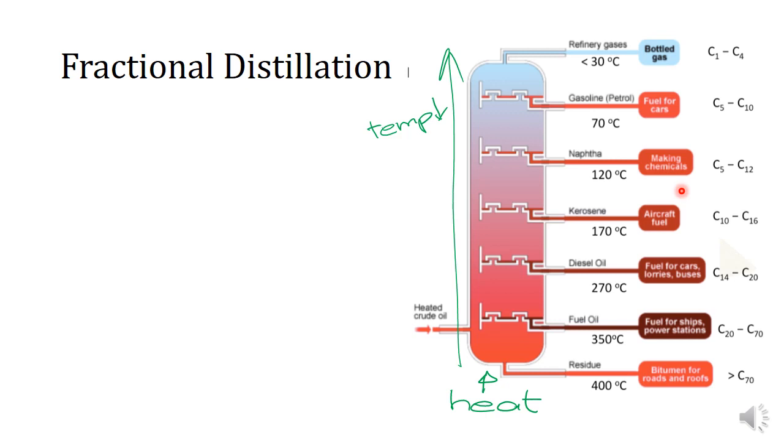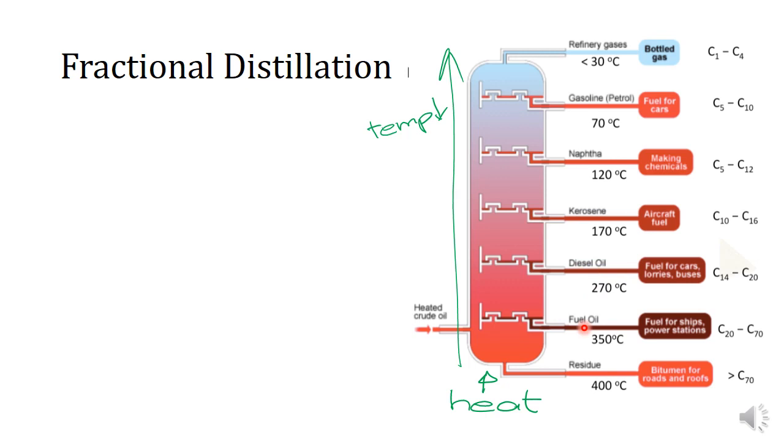That's pitch and naphtha. In this range here, we now use them as chemical precursors. Kerosene used to be used in lamps, like household lamps. You used to fill them up with kero and light them. That's now mostly used for aircraft fuel.